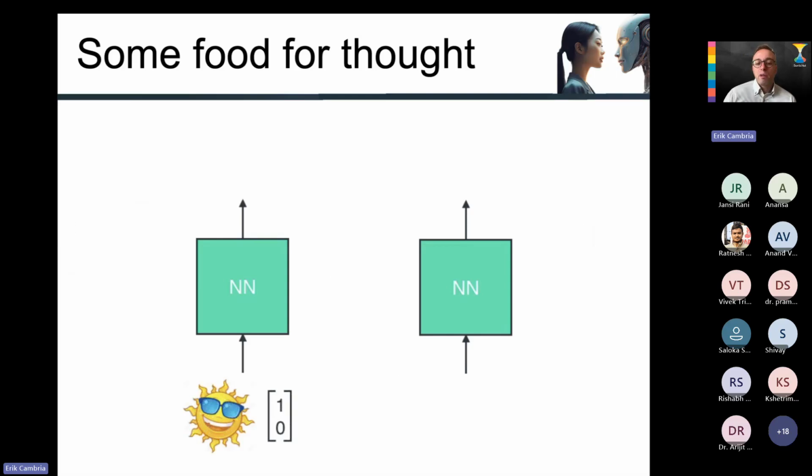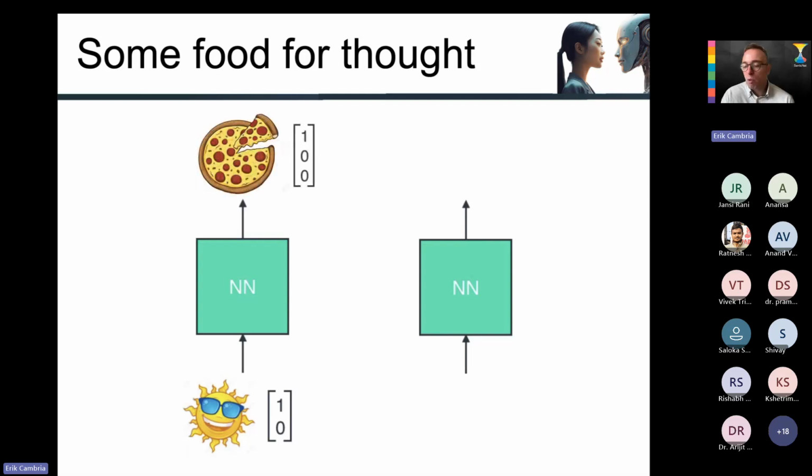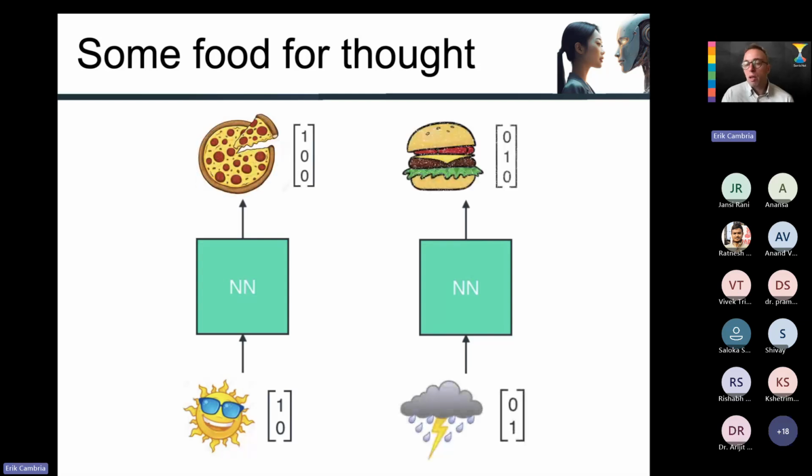In neural networks, if you want to just build a piece of code to do this, it's extremely simple. It's an if-then-else kind of situation, where if it's sunny, you cook pizza. If it's raining, you cook burger. But you build a neural network because then you can also handle other nuances.